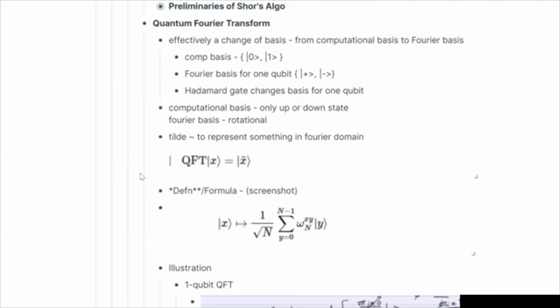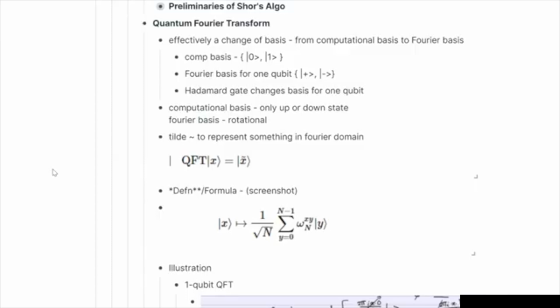Whenever we put a tilde on top of a state, that means it's the Fourier representation of that particular state. So if a quantum register has the state x, then in its Fourier representation we mathematically represent it as x tilde.